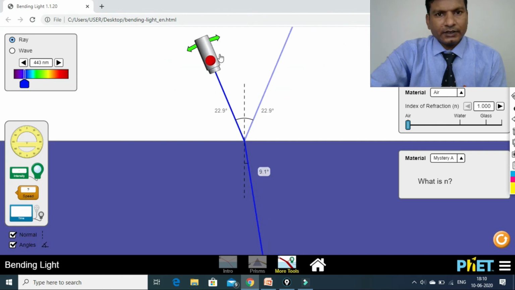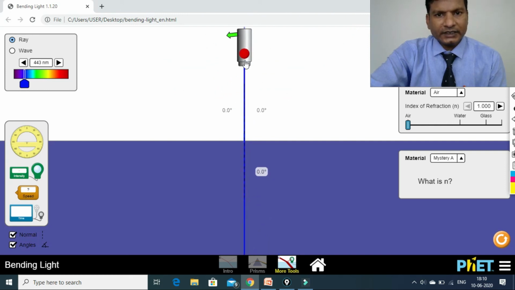Just see here, the ray of light is falling normally onto the surface. In this situation, there is no bending of the ray of light. Therefore, there is no deviation of the path of the light ray. That means here the angle of incidence is 0, the angle of refraction is 0, and the angle of deviation also becomes 0.